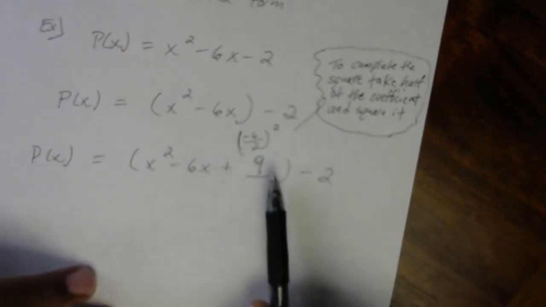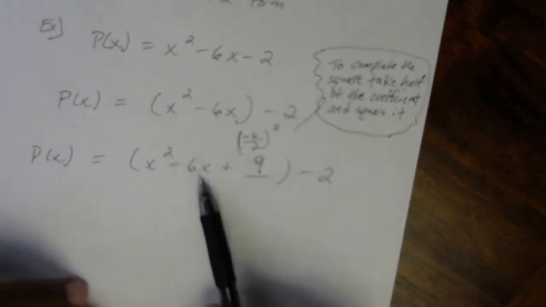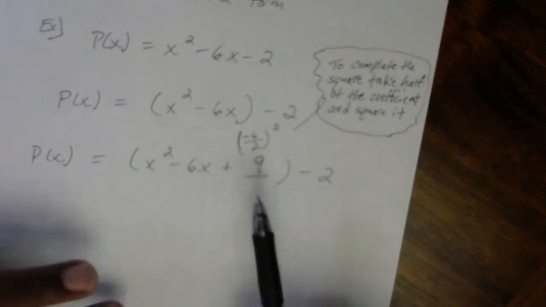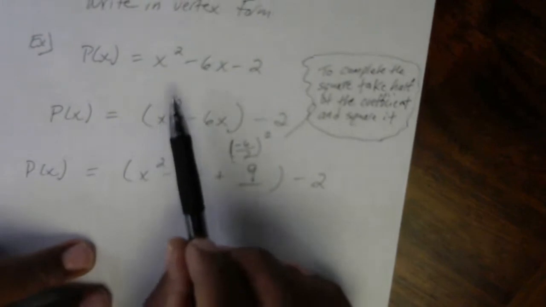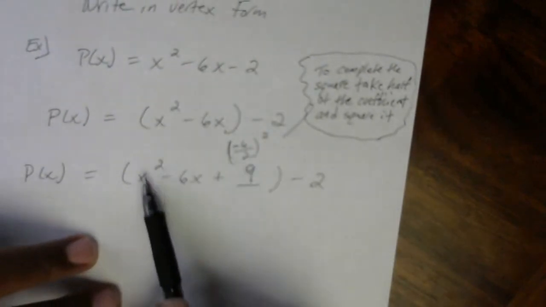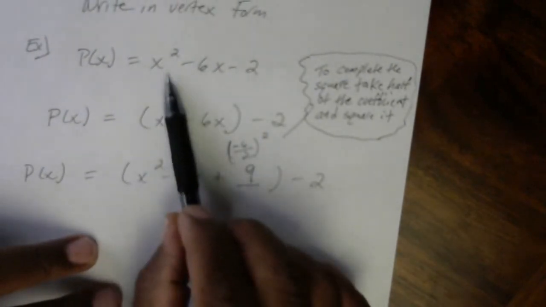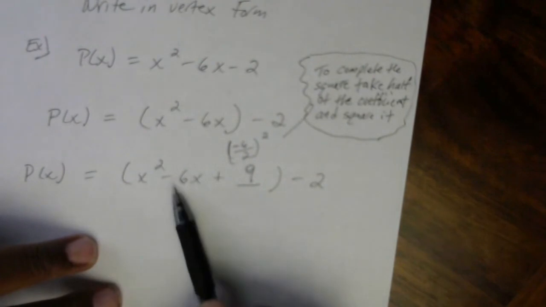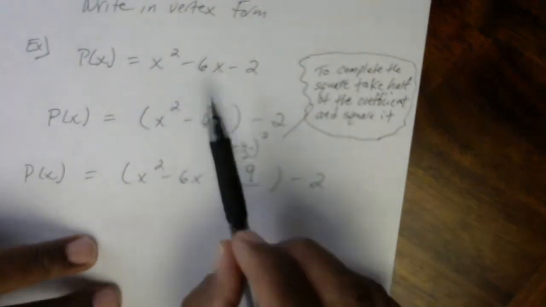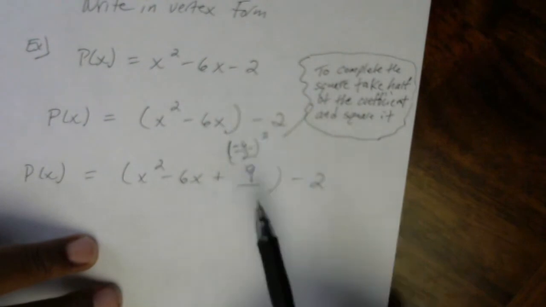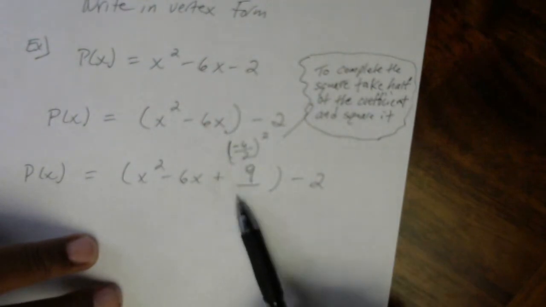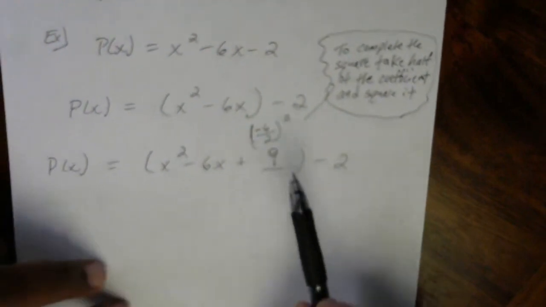Now, since we completed the square, we have added something that was not originally here. So if I go back and compare that to what I started with, I had an x squared. I started with that. I have a -6x. I started with that. I have a -2. I started with -2, but I did not start with this 9. So what does that mean?